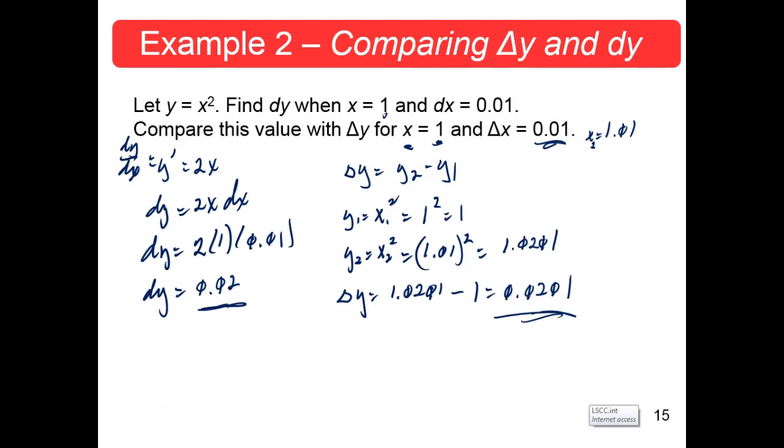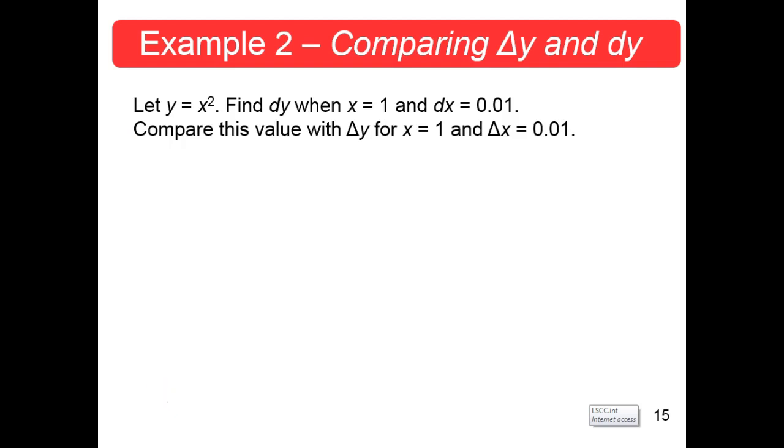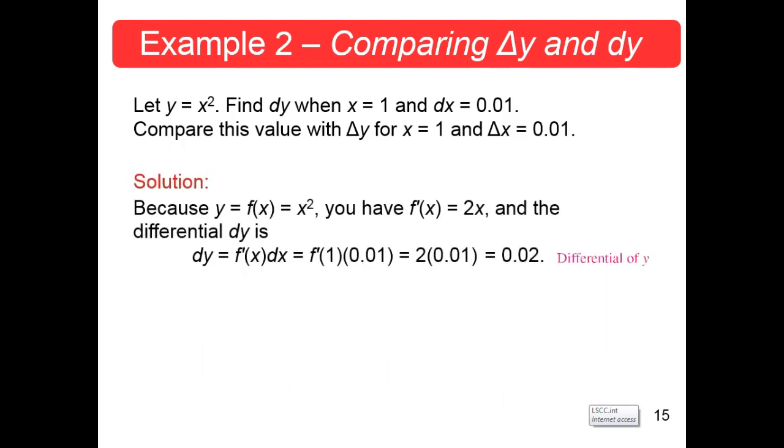So let's see how they did it. I probably cut some corners here, because to carry you through all their thing, if you just do it this way, the dy is really, really easy. Okay. Because the y is equal to f of x is equal to x squared. You have f prime is equal to 2x. First thing you do, take a derivative.